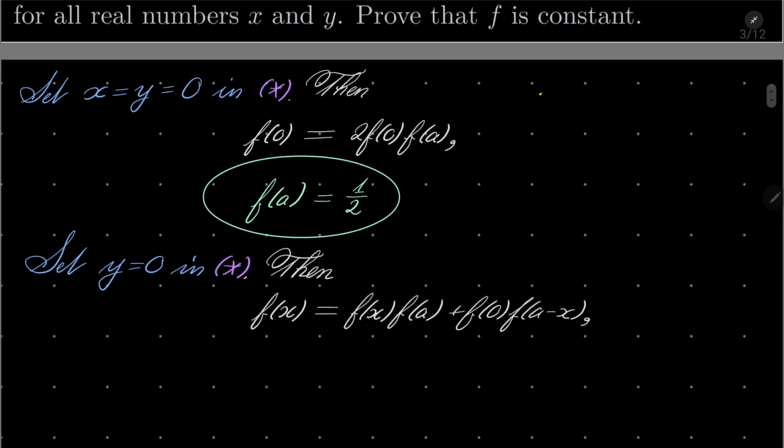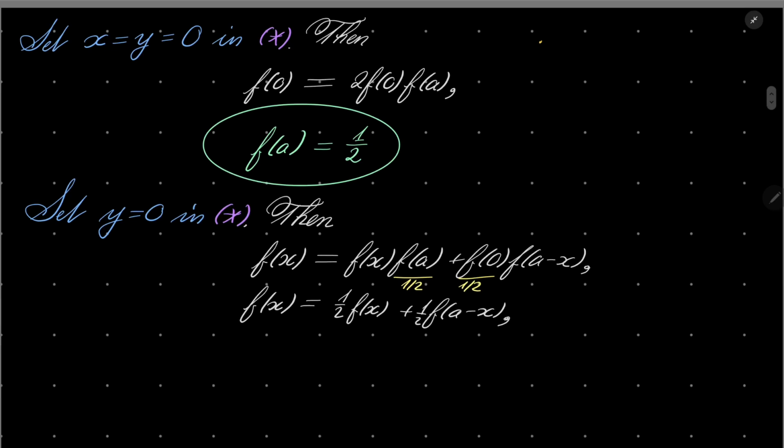Very well, and now f of a is 1/2, as we know. f of 0 is also 1/2. So we have 1/2 f of x plus 1/2 f of a minus x. And after subtracting 1/2 f of x and multiplying by 2, we have that f of x is the same as f of a minus x.